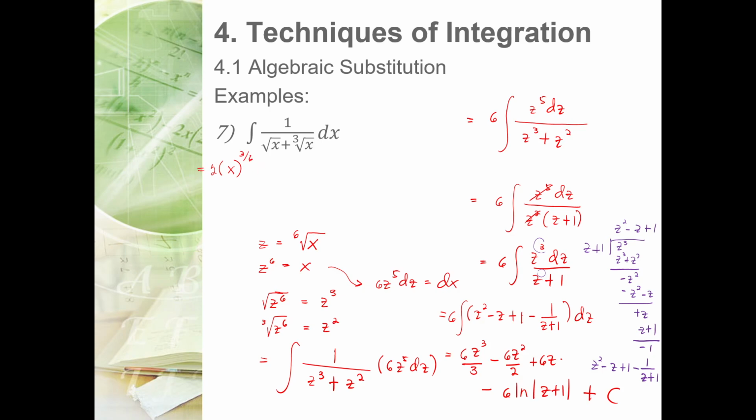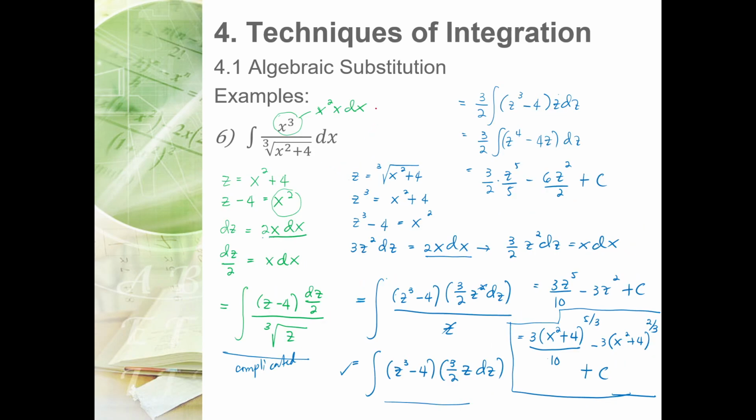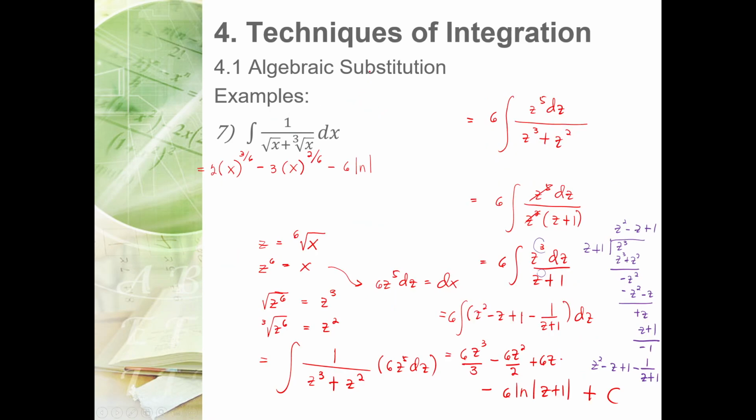So second term is minus 6 over 2, that's 3. Then that's squared, right? Then 6 roots, so 2 all over 6 minus 6 ln of 6 root of x plus 1 plus c.